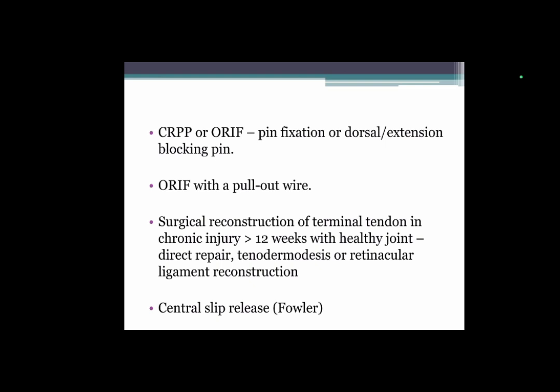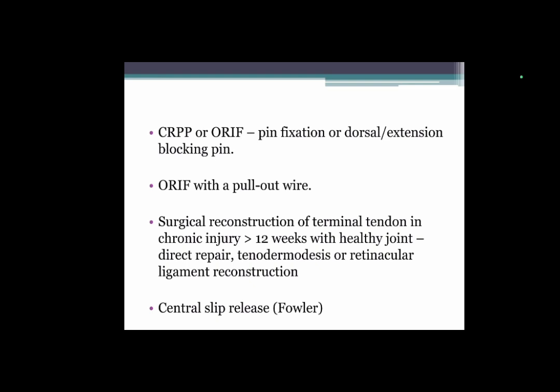Surgical treatment is considered when conservative management is unlikely to provide a satisfactory result. Common indications include large avulsion fractures, volar subluxation of the distal phalanx, open injuries, failed splint treatment, and chronic deformities. Various surgical techniques are available, including K-wire fixation, extension block pinning, open reduction and internal fixation, and tendon repair.